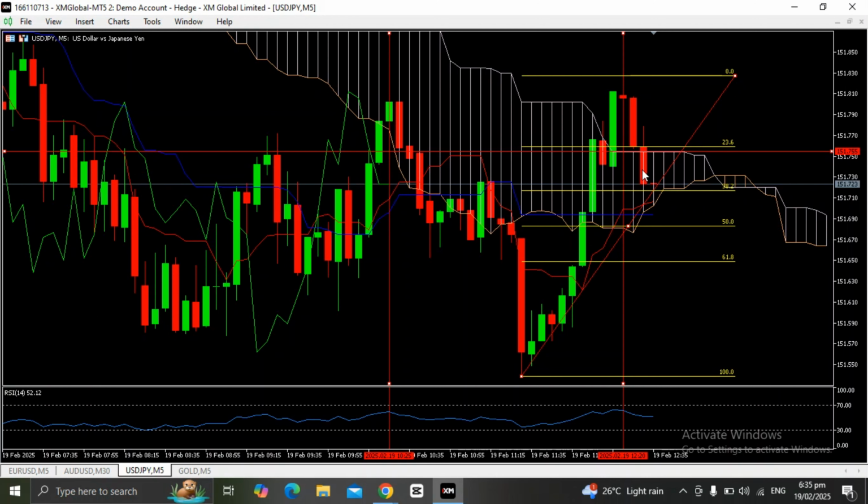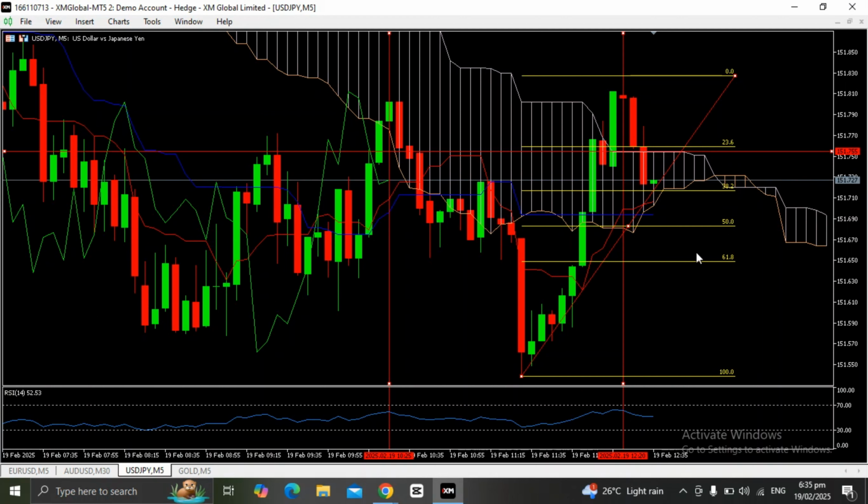As you can see, there's a big red candlestick. So I think what will happen is on this part here, since we don't really see any bullish candlestick yet, this will continue to go down.